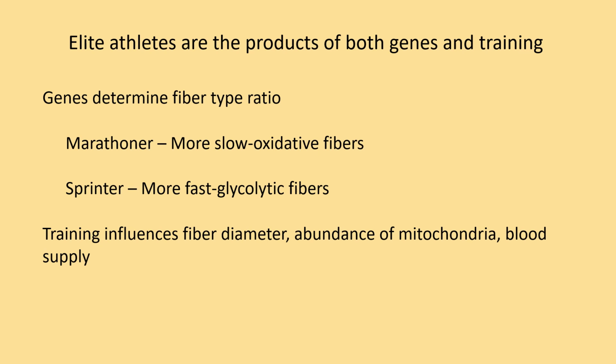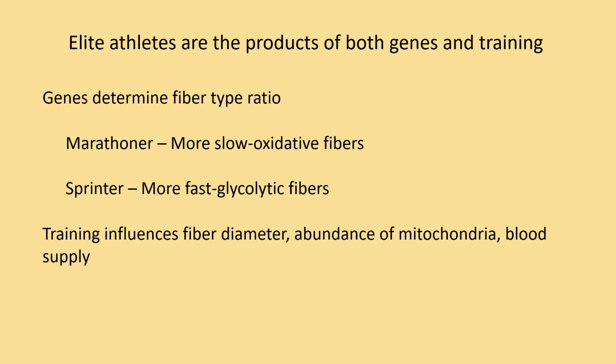And we can compare two different types of elite athletes and think about their genes and their training and their fiber type ratio. So the comparison that we'll make is the marathoner versus the sprinter. These people are both runners.